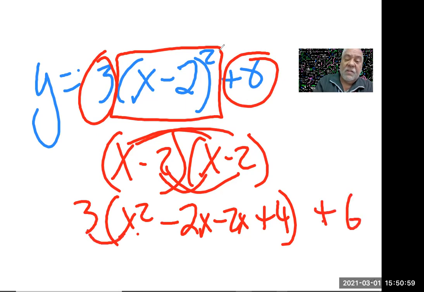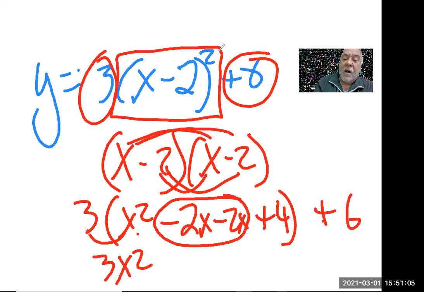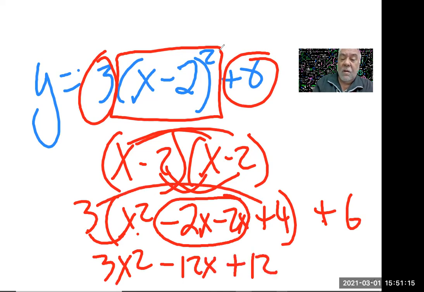Okay, so 3 times x squared is 3x squared. This minus 2x and minus 2x, you can combine them. It's minus 4x times 3, minus 12x. And then 3 times 4 is 12 plus 6. And then you can combine these like terms.